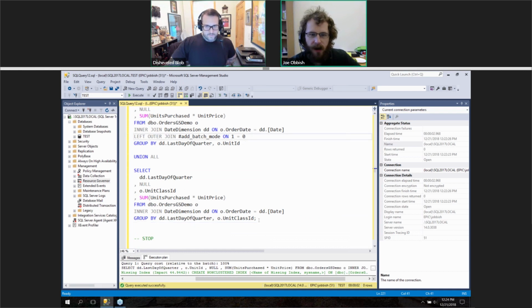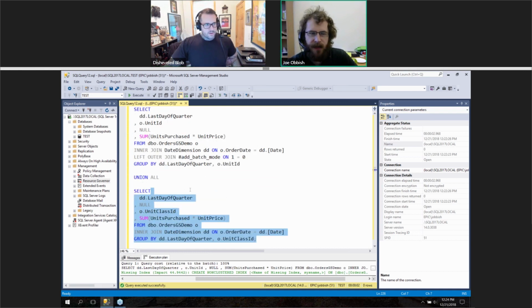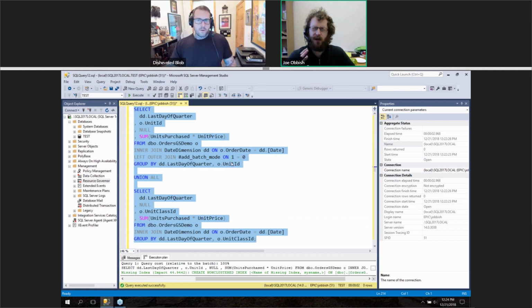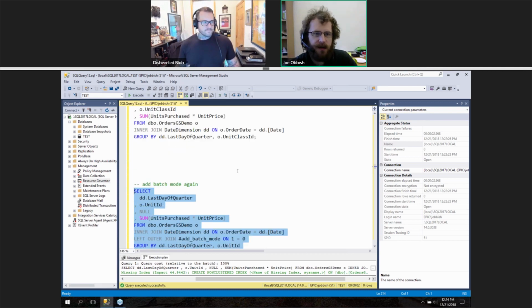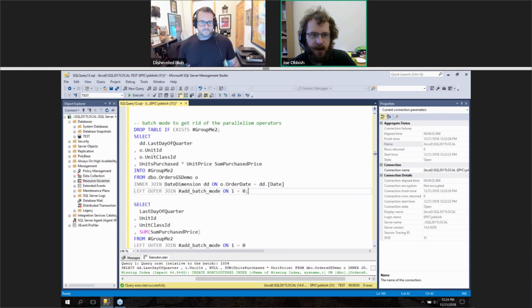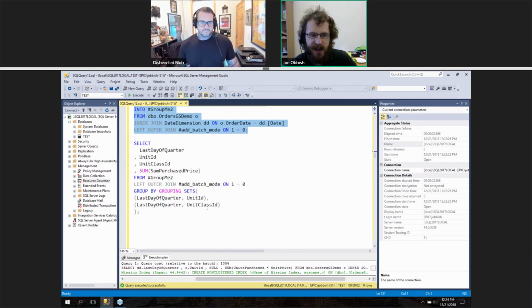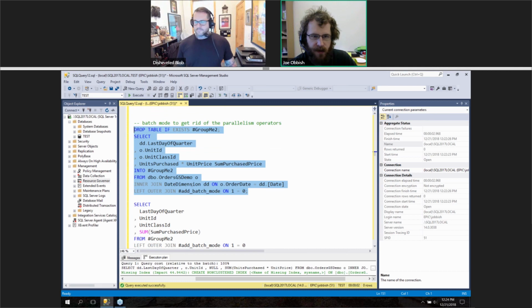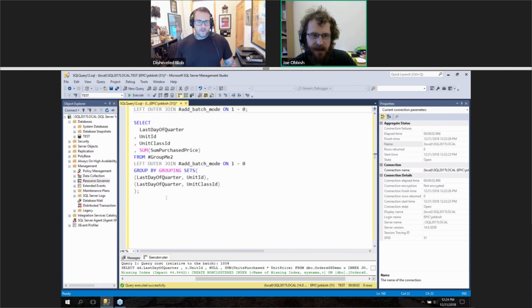Oh, well, sure. This is one query, so all I need is one columnstore index in the query. Before, when I was writing to a temp table, these were two separate statements. So if I only had batch mode here, then the second query wouldn't be able to get batch mode.